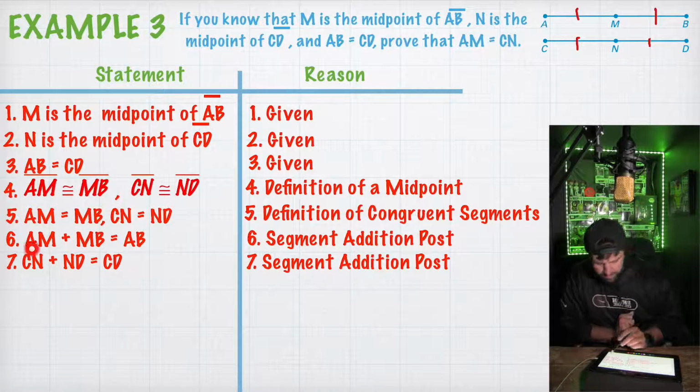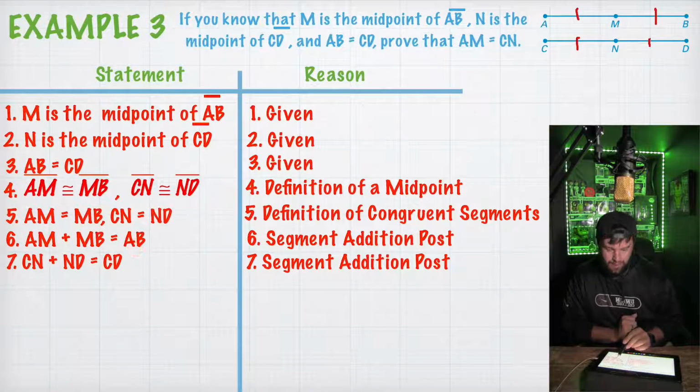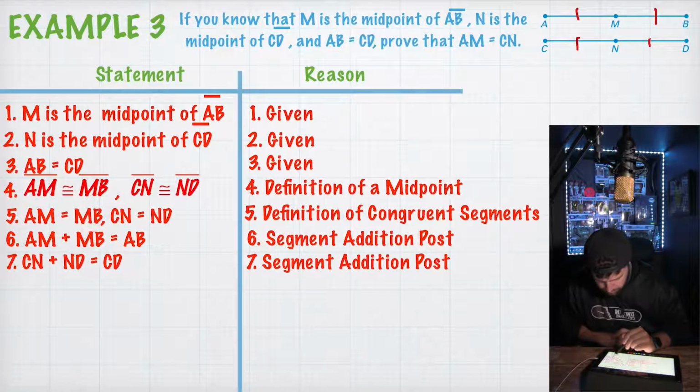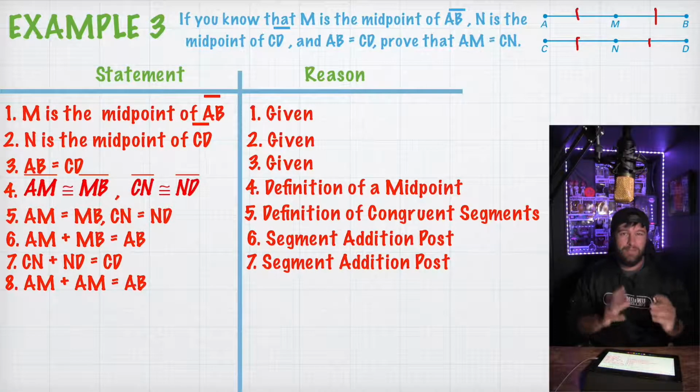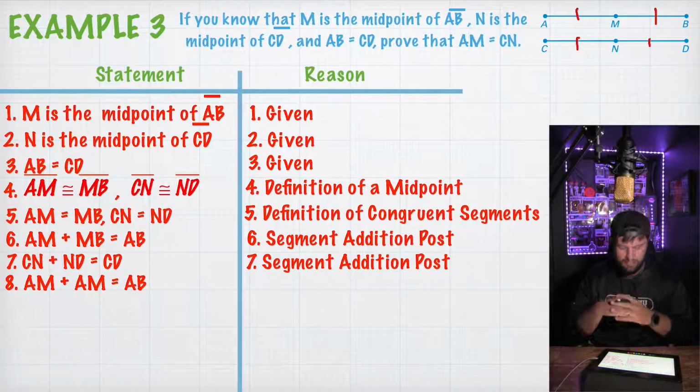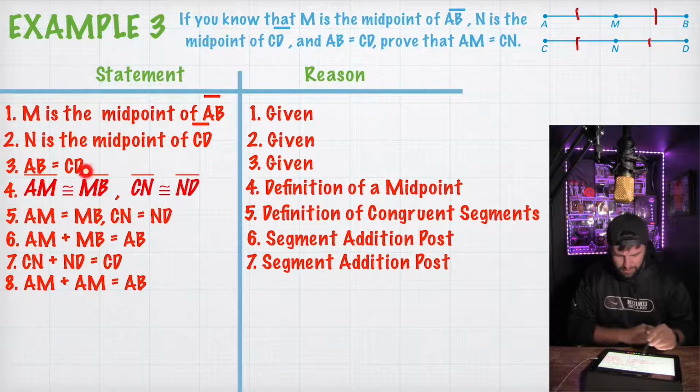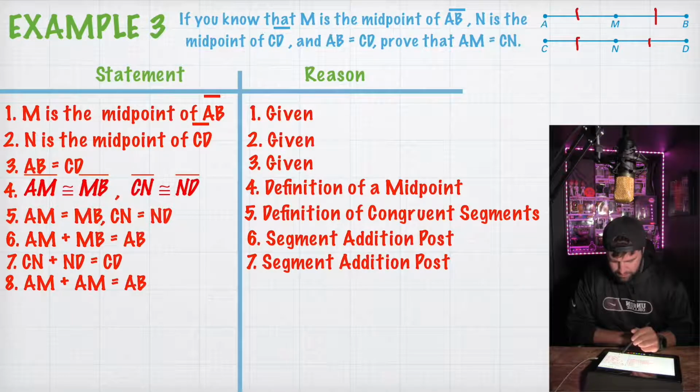So we're going to take this here, and we know that AM plus MB equals AB. We also know that AM equals MB. So we're actually going to substitute in for MB another AM. Okay, so AM plus AM equals AB. You see, we're getting closer, because we know that AB equals CD.